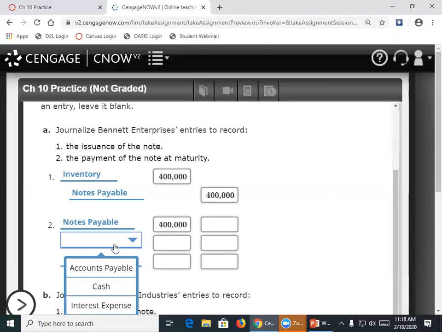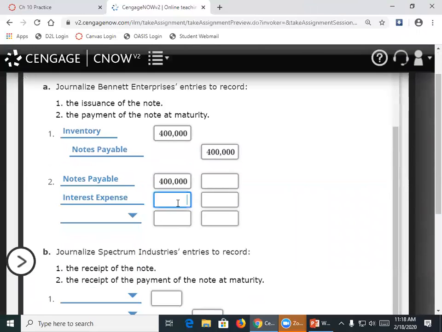So I'm going to debit interest expense, and we calculated that at 5,000. And then what do I credit? Cash. Perfect. Cash gets credited for how much? Perfect. 405,000. We're paying the original face value plus the interest.